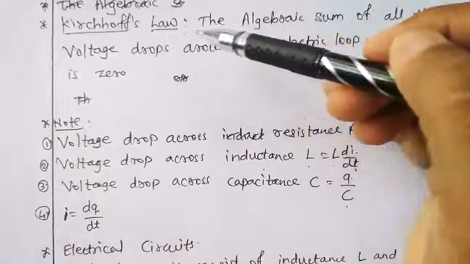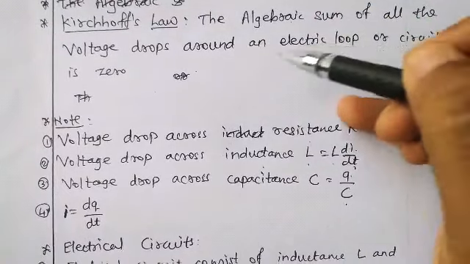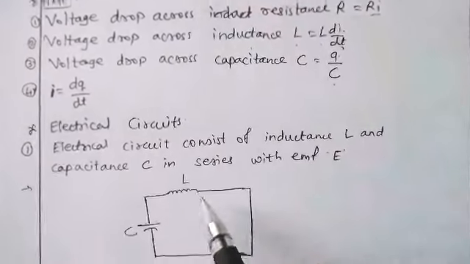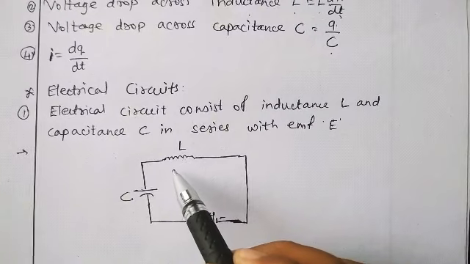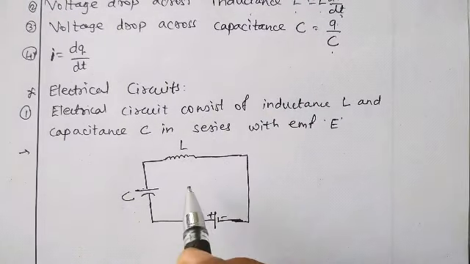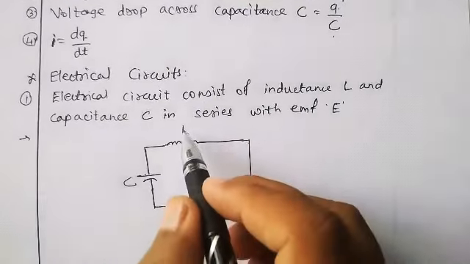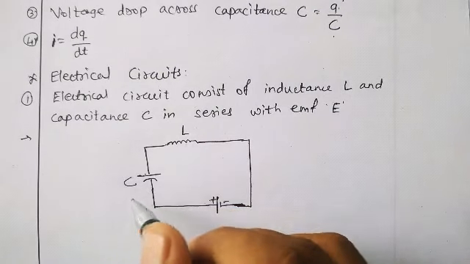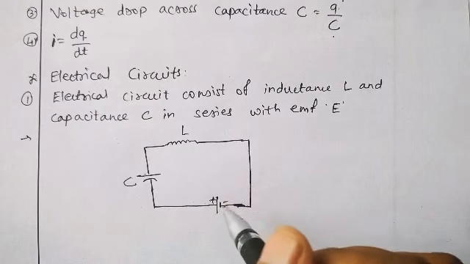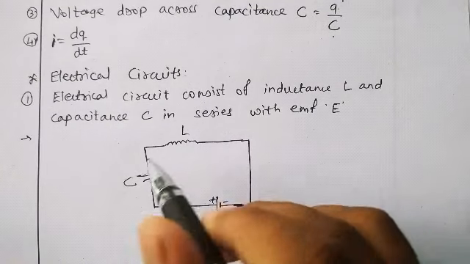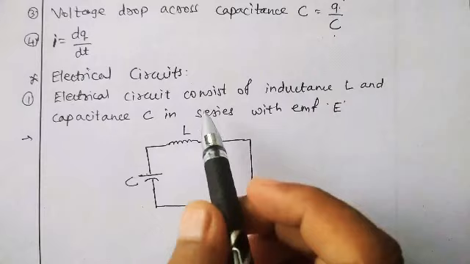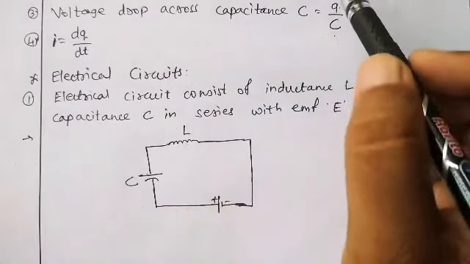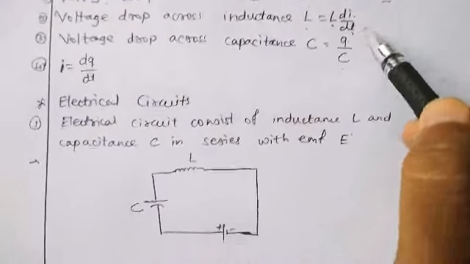According to Kirchhoff's law, the algebraic sum of all the voltage drops. There are two components here. So the algebraic sum of voltage drop across L and voltage drop across capacitance C is equal to EMF. What is the voltage drop across L? It is L into di by dt.